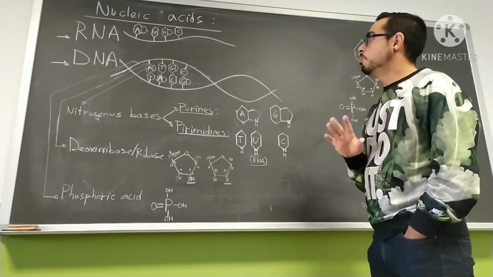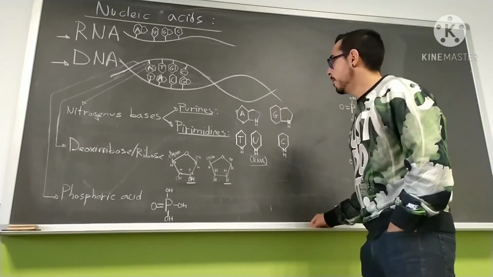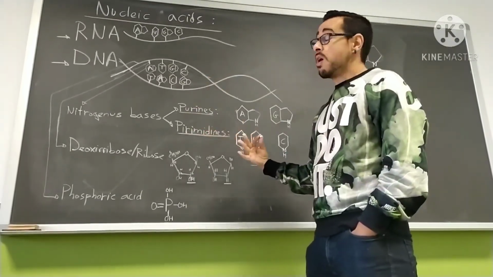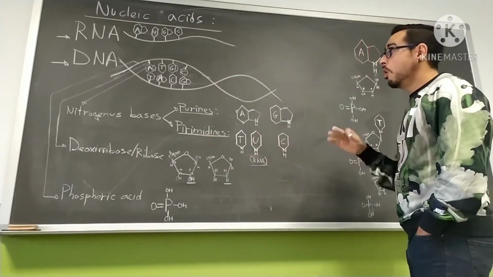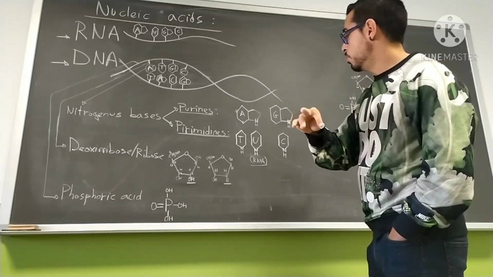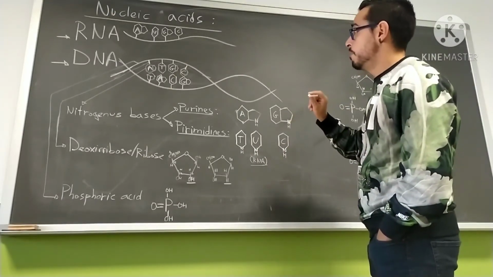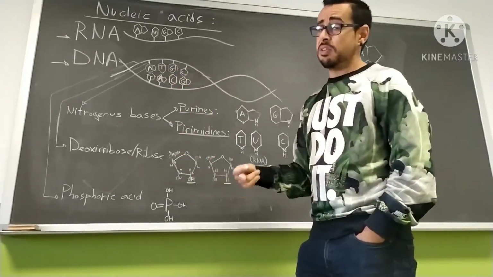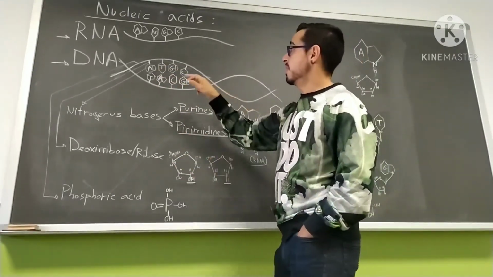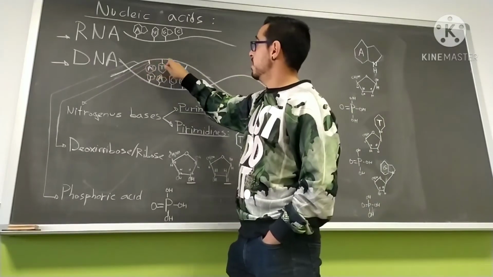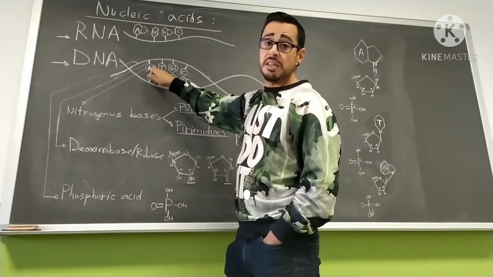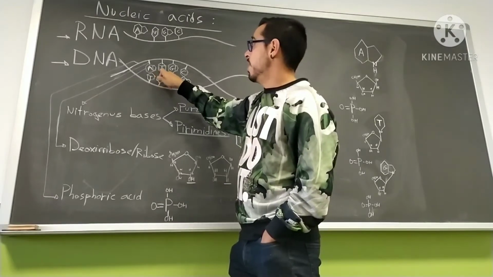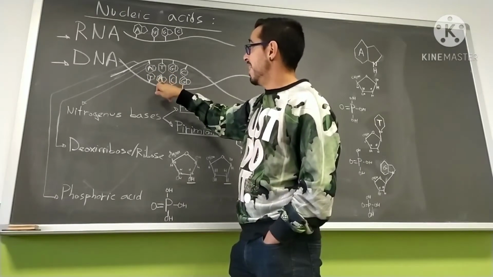I hope so far so good. This is the structure, and now we are going to see how they bond. Oh, sorry, I forgot to tell you something. The bases are complementary. This means that when in a chain we have adenine, in the other chain we are going to have thymine. When in a chain we have thymine, we are going to have adenine.